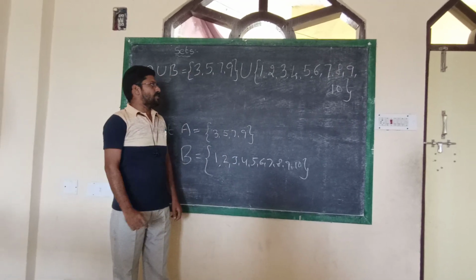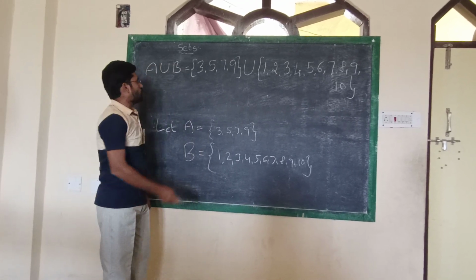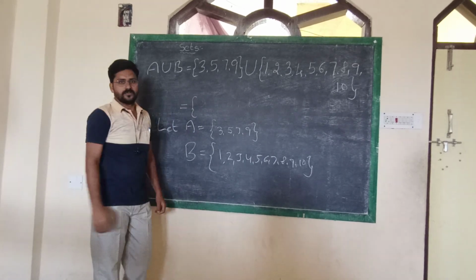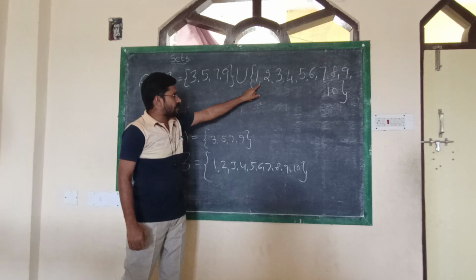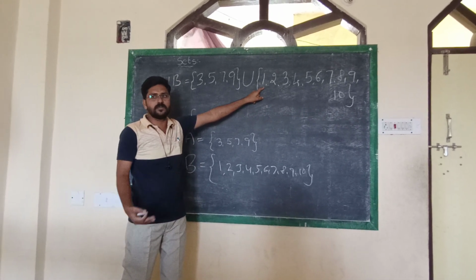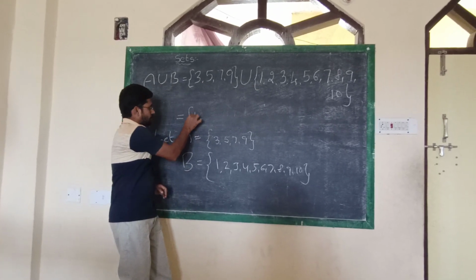Our concept is union. Union means all the elements we have to take together. That is equal to the set of union of A and B we are doing now. Means all the elements of A and all the elements of B we have to take together, and which is repeated we have to take only once. 1.